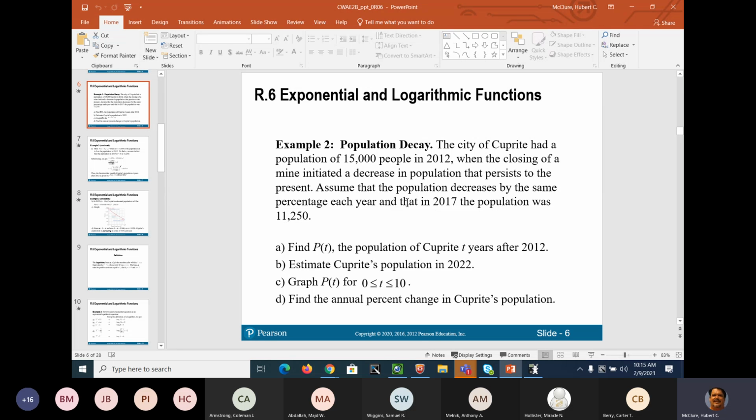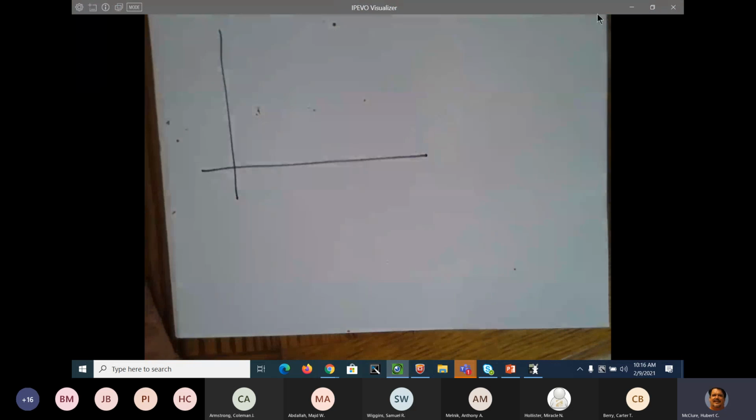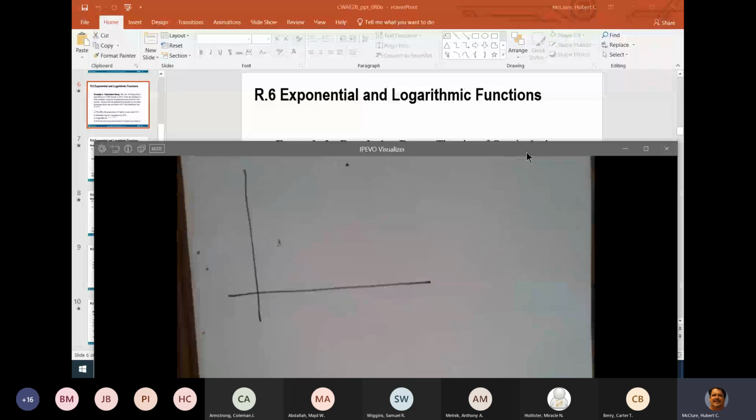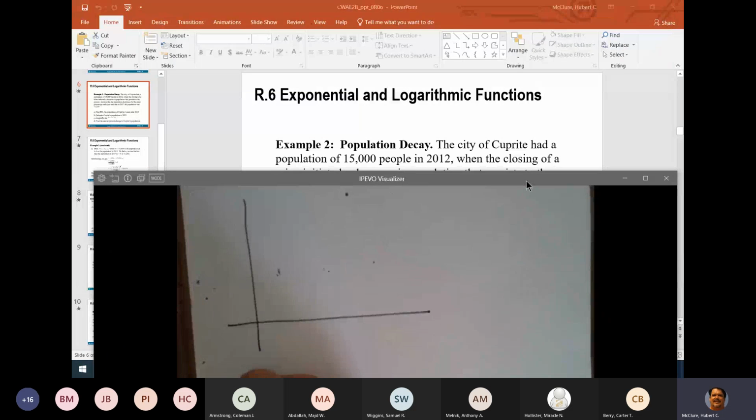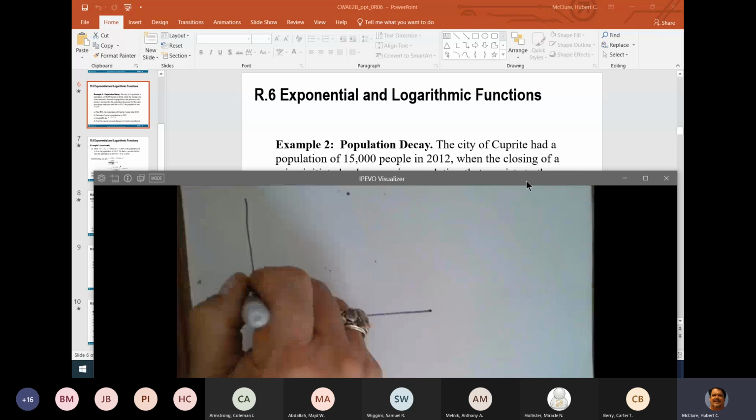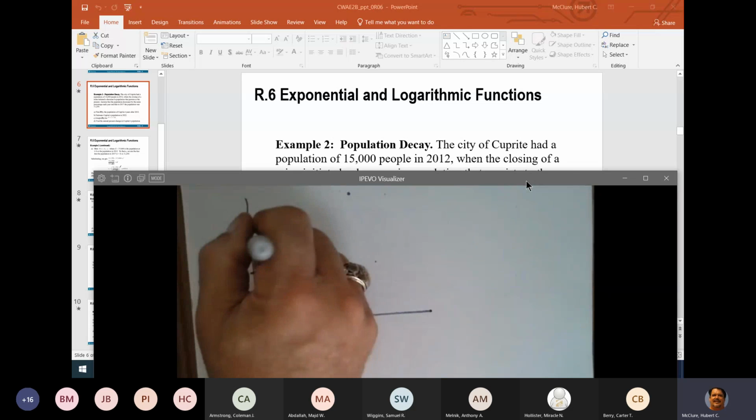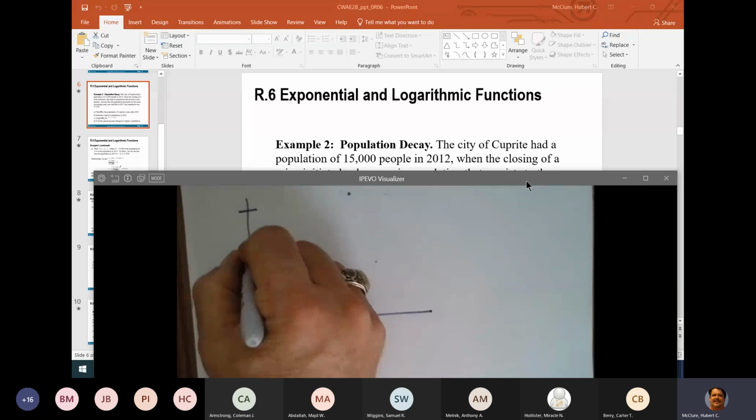Now, you could actually draw a graph. It's nonlinear, of course, but I'm just showing you this so you'll have some kind of idea. At 2012, which is 0, you have 15,000. Let's go 5,000, 10,000, 15,000, 20,000.